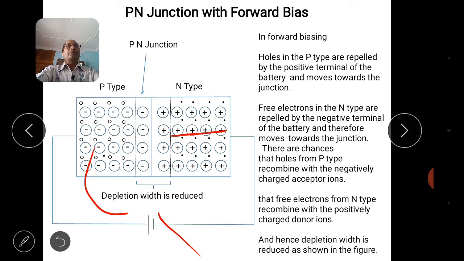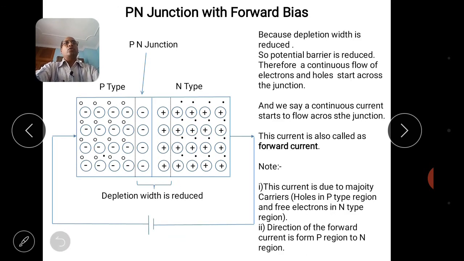There are chances that holes from p-type recombine with the negatively charged acceptor ions and free electrons from n-type recombine with the positively charged donor ions, and hence the depletion width is reduced, as shown in the figure. Because the depletion width is reduced, the potential barrier is also reduced.